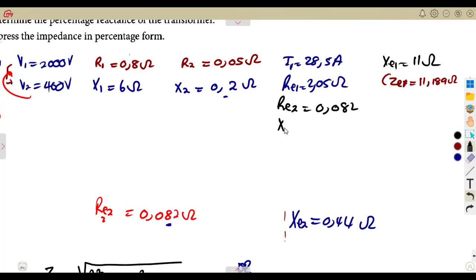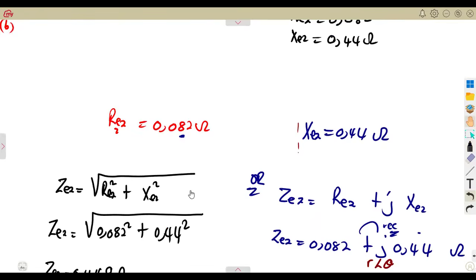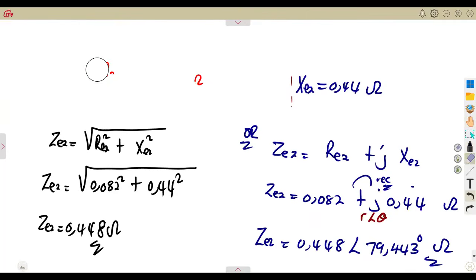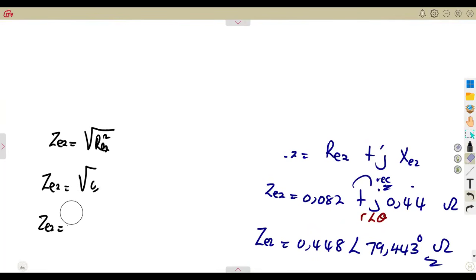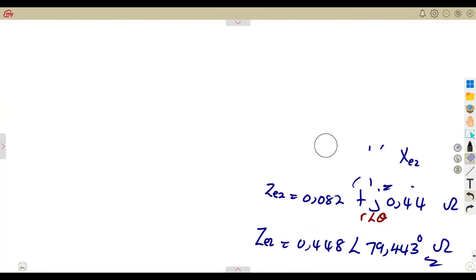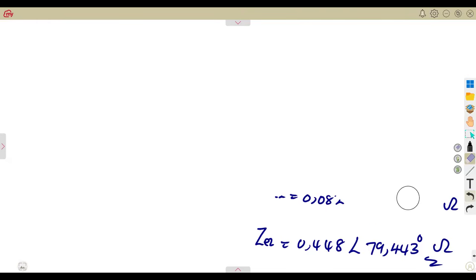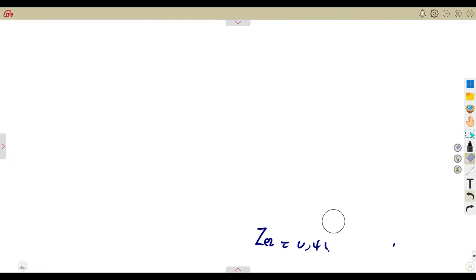Then our XE2, the equivalent reactance referred to the secondary, was 0,44 ohms, and that Z, just remember it, guys. I'm also going to recall it for you in case you need this value, so that for the sake of time we can finish up.